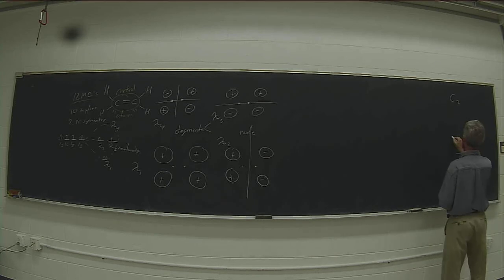And remember that the C2 dimer looks like this: sigma 1g, sigma 2u star, pi y and pi z, sigma 3g, pi star y, pi star z, and then sigma 4u star.